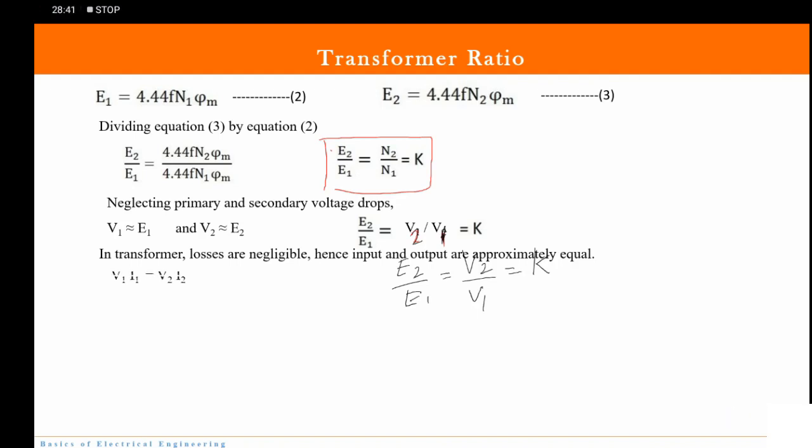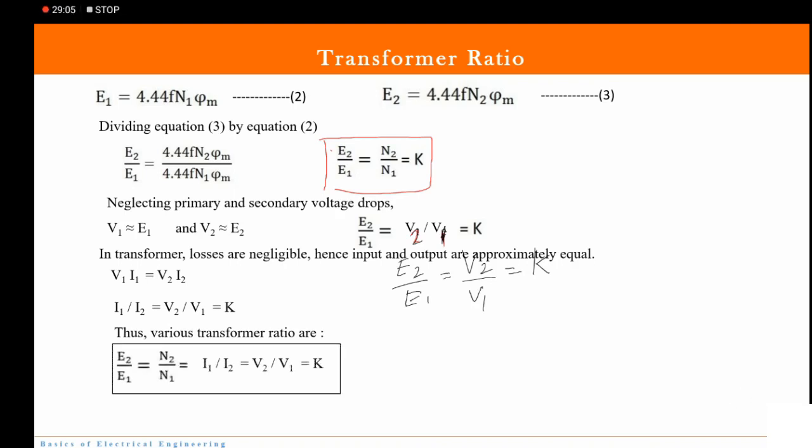So I can say that V1 I1 is equal to V2 I2, and by cross multiplication I get I1 upon I2 is equal to V2 upon V1, which is again K. So basically we are obtaining various relationships in terms of E, in terms of I, in terms of V, and in terms of N. The transformer ratio can be E2 by E1, N2 by N1, V2 by V1, or I1 by I2.